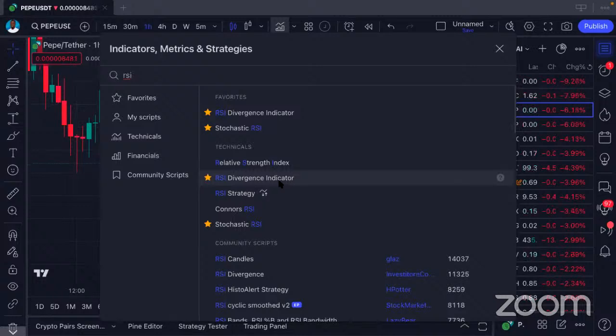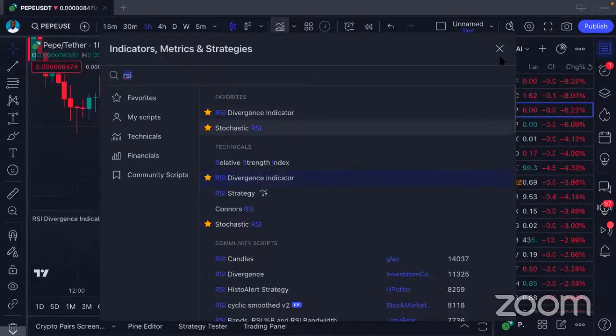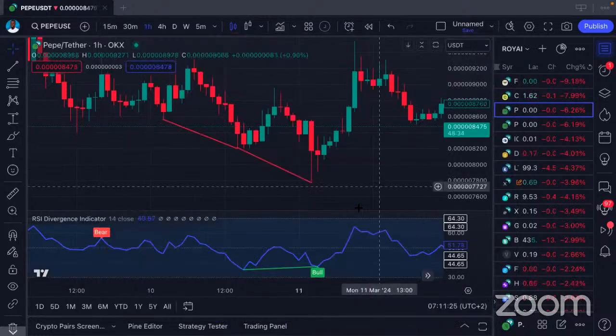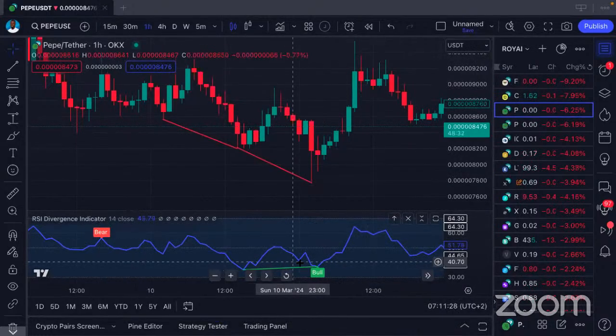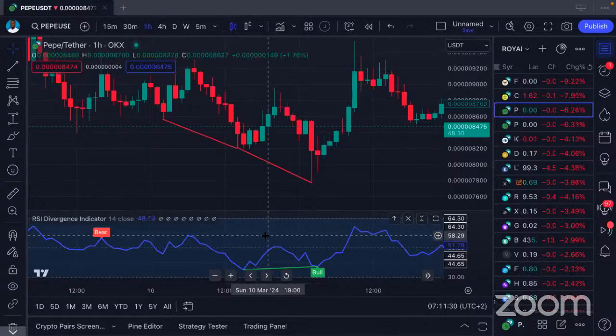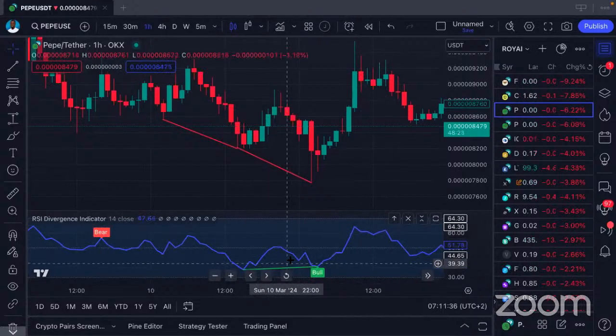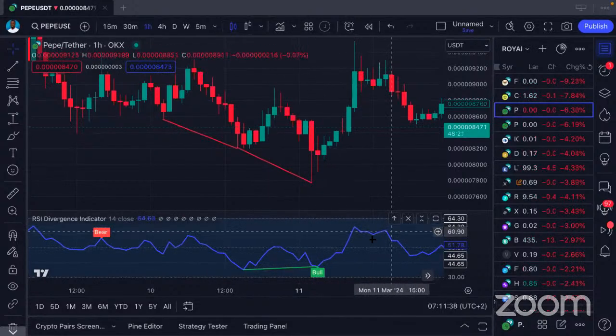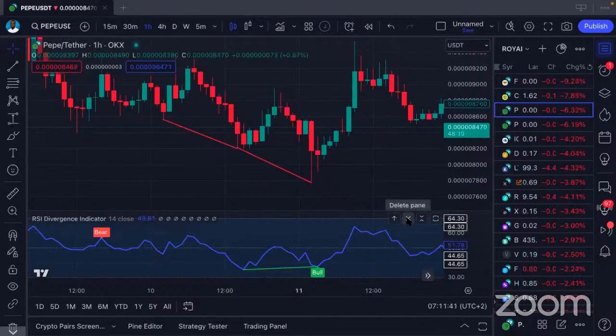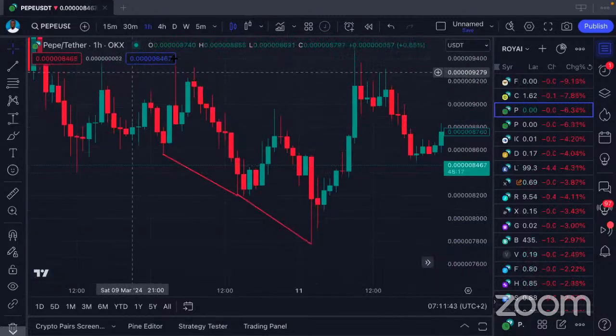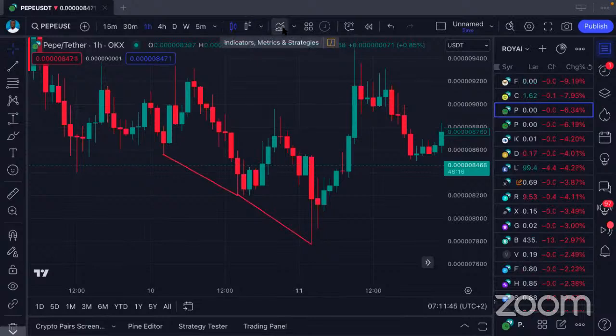When you use this indicator, it will always show you the divergence. But we are not here to give you an indicator that will show you the divergence. We are now going to use our normal indicator to find the divergence ourselves.